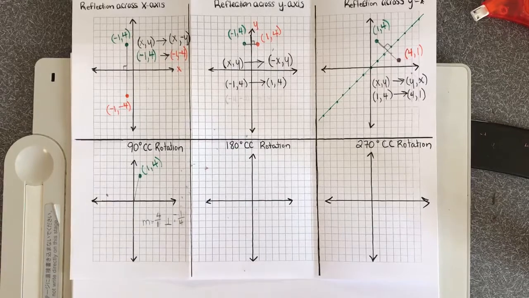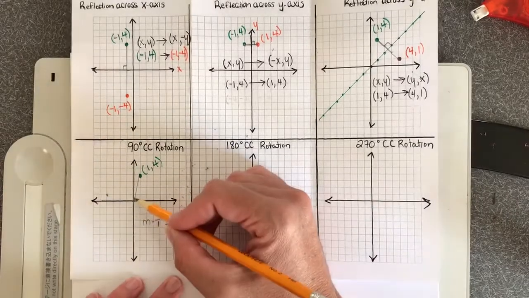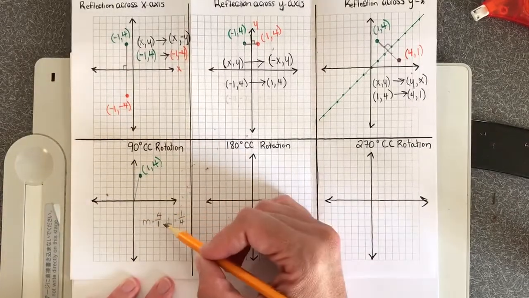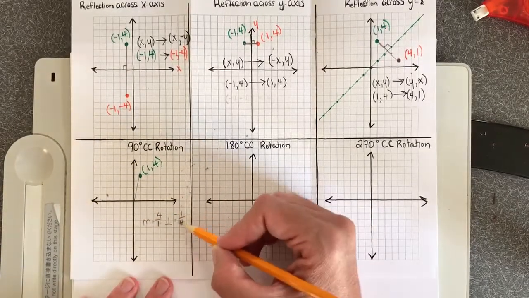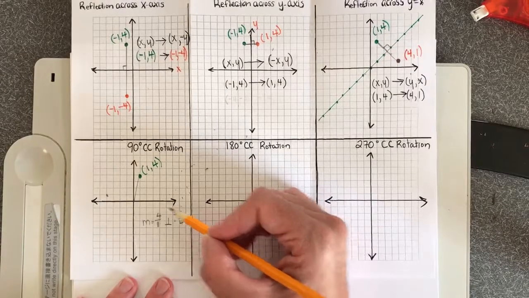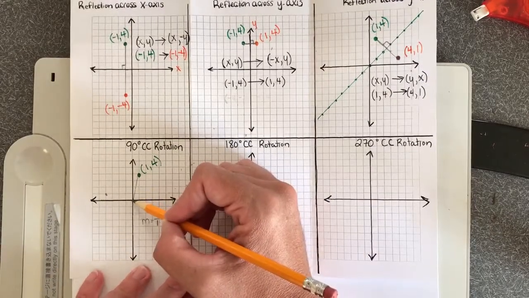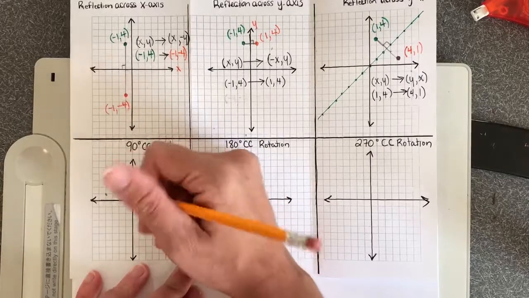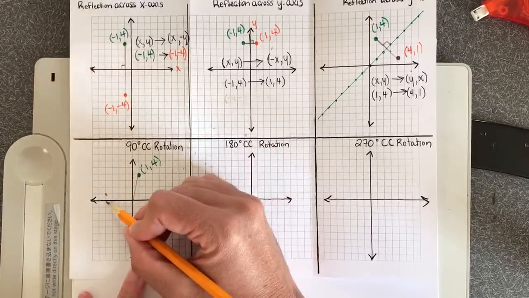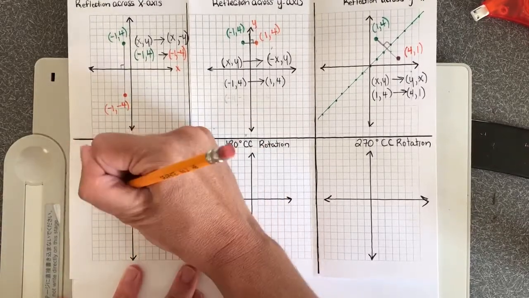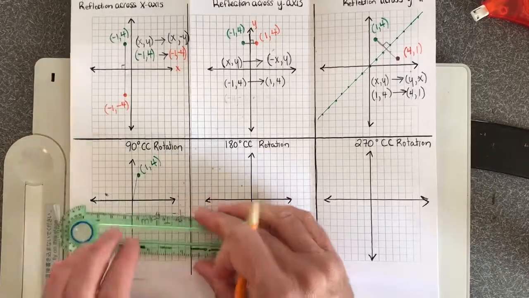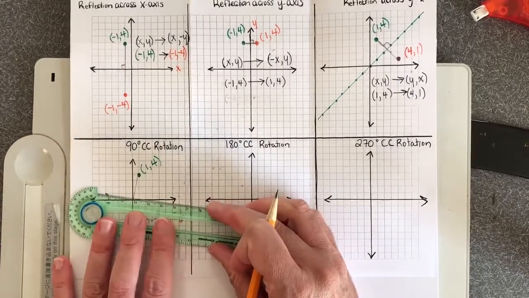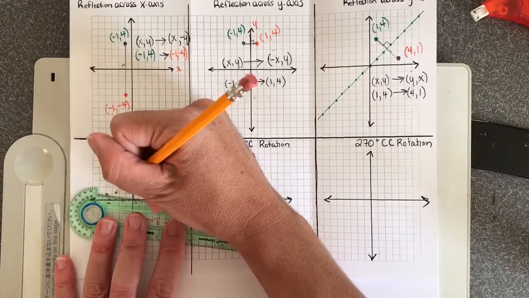So, perpendicular, right angles, 90 degrees. This one had a slope of rise 4, right 1. The perpendicular slope is going to be flip it, change the sign, so -1, 4. So now I'm going to graph my point: -4, 1. I can check my slope from the origin to that point.